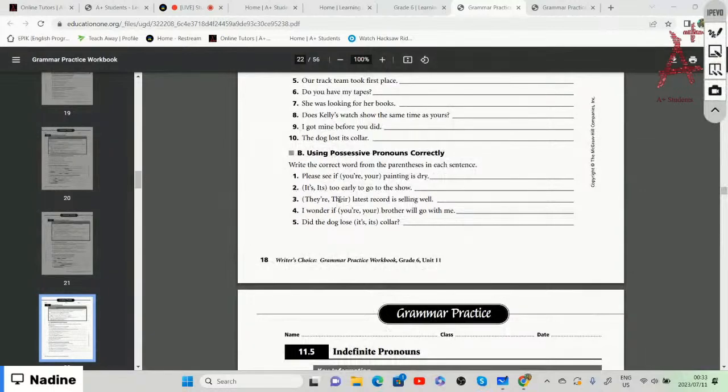So we need to choose the correct pronoun within the sentence by choosing the correct one within the brackets. You'll find two words within the brackets. We need to choose the correct possessive pronoun to make the sentence.